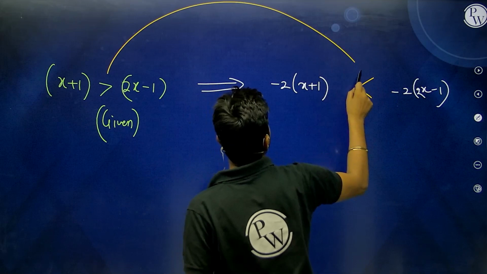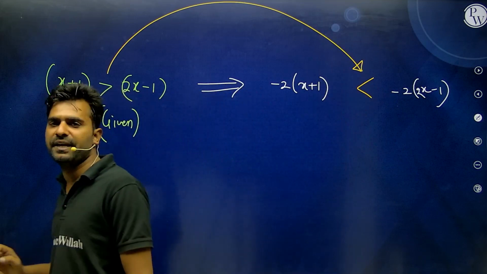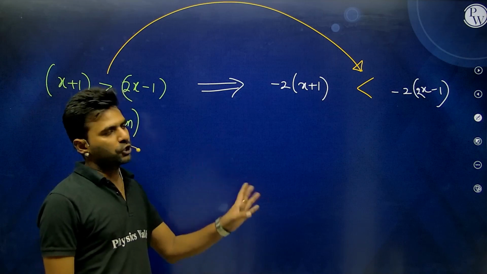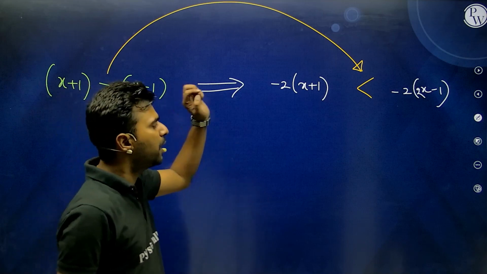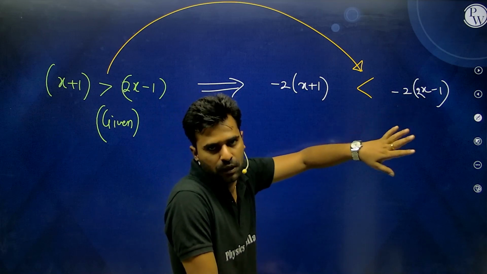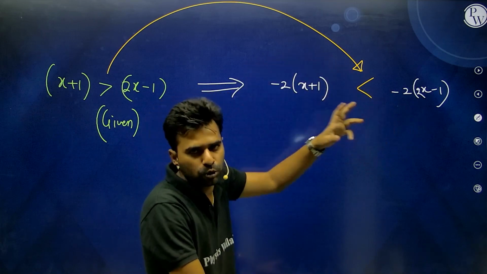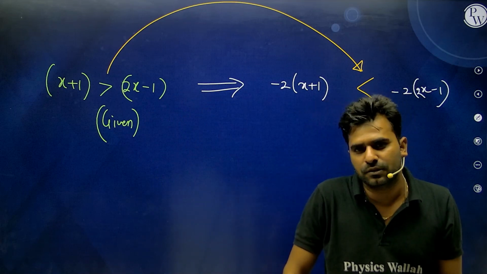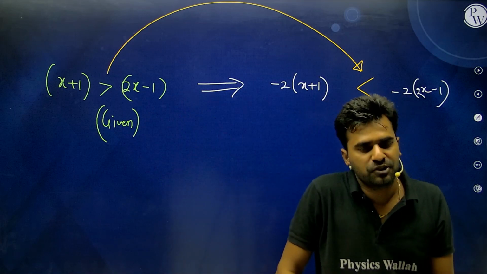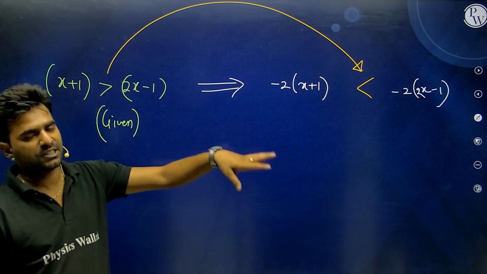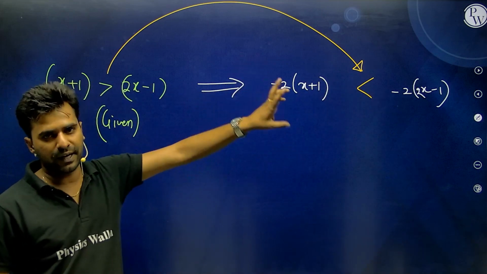Why? Because I have multiplied the same negative number on both the sides of the inequality. So I can be sure that the sign of inequality will change. But if I multiply here with minus 2, there with minus 3, I don't know. If I'm multiplying both the sides by different numbers, then I cannot say. I'm saying that if we multiply both the sides of an inequality by the same negative number, the sign of inequality is going to change.